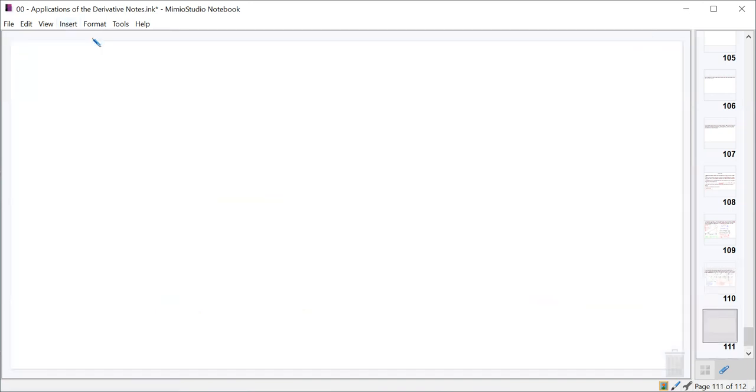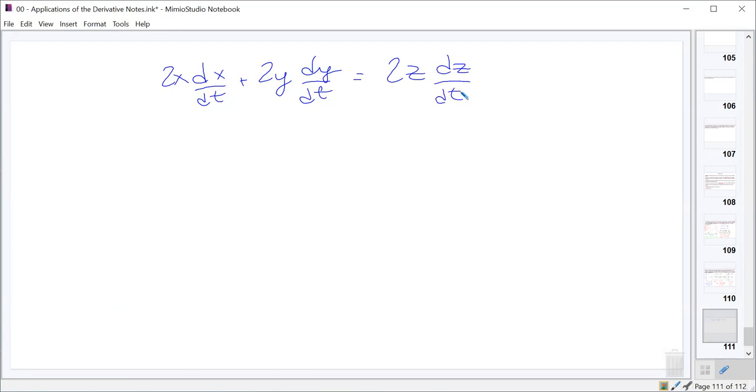So our first derivative gave us 2x dx/dt plus 2y dy/dt equals 2z dz/dt. And we had values. We don't have the page up anymore. Hopefully I'll remember all these values correctly.